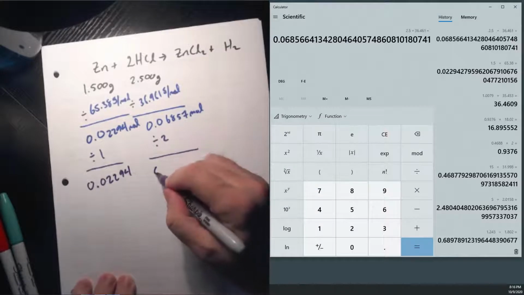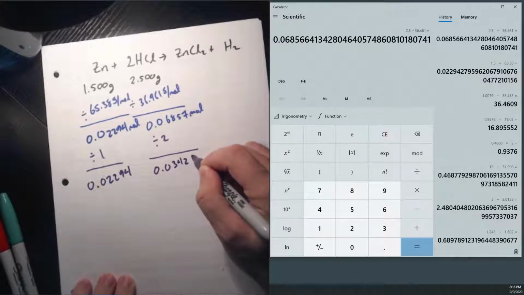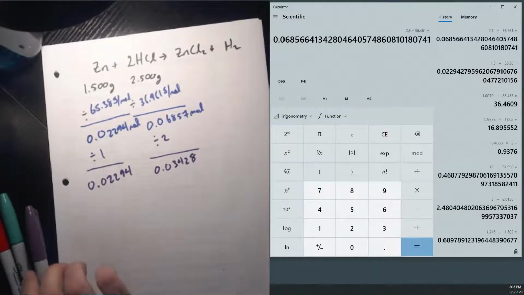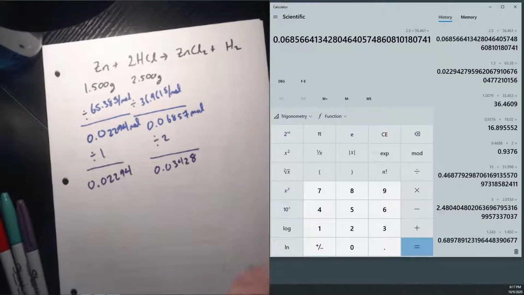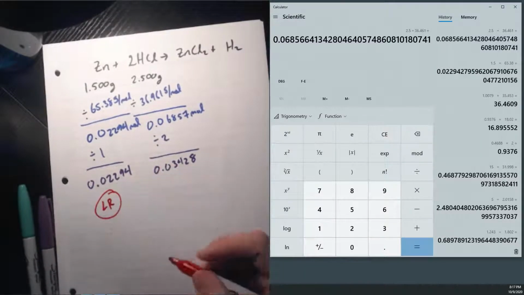This one will. But even though it gets used up twice as fast, there is still more hydrogen chloride than zinc in terms of the reaction, which means that this one is our limiting reactant.